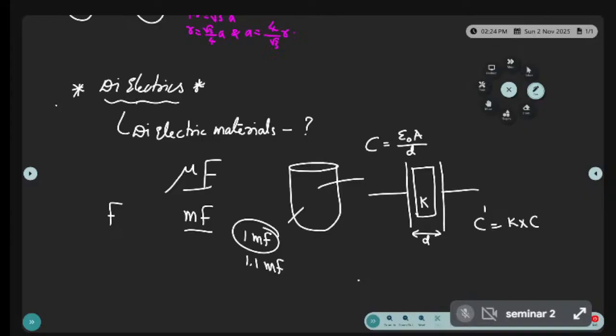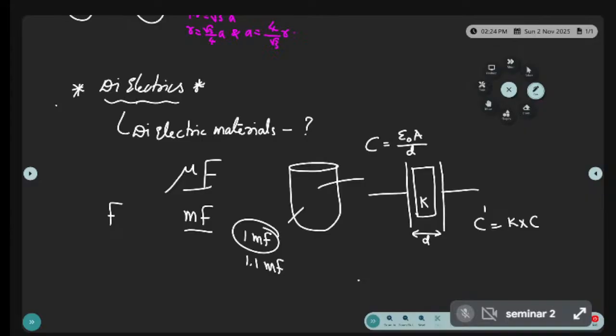Dielectric materials are used to increase the capacitor's capacitance. What is a capacitor? You know. Where are capacitors used in our daily life? You know. In a fan we are using a capacitor. Motor capacitor. Okay. A capacitor's capacitance we can increase by introducing dielectric material.